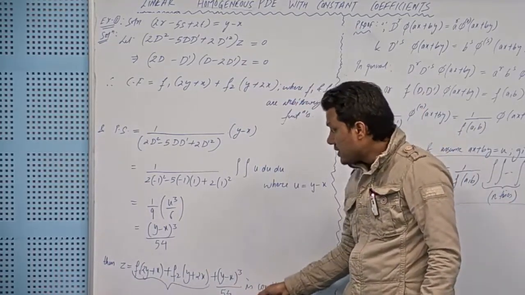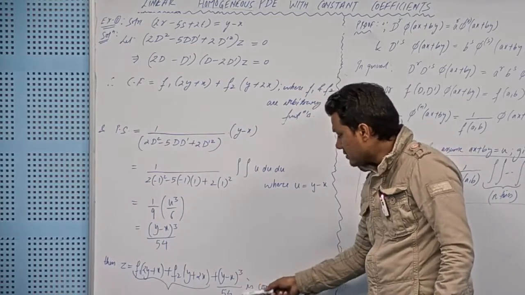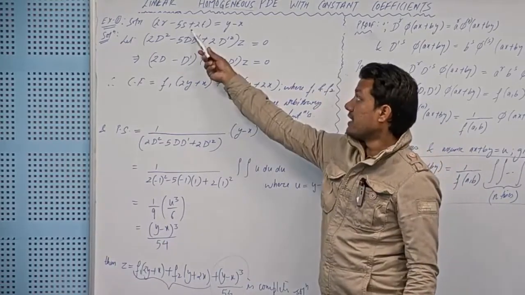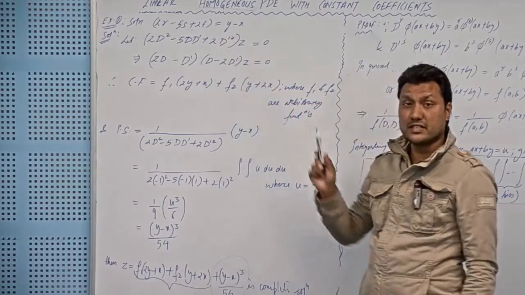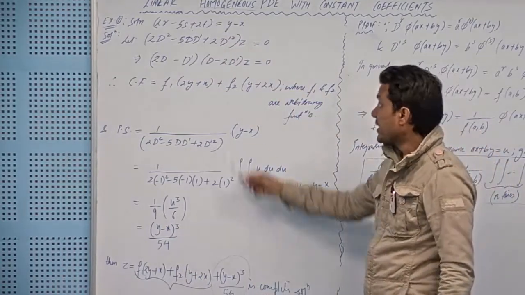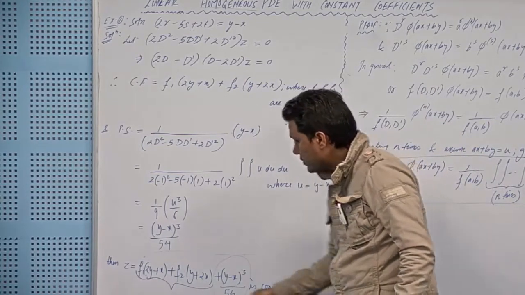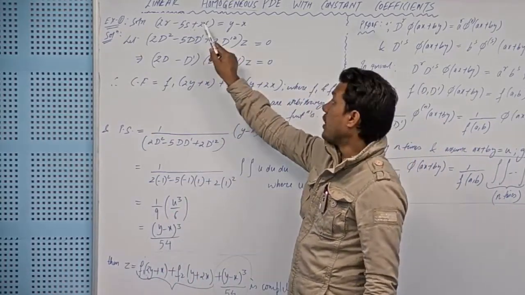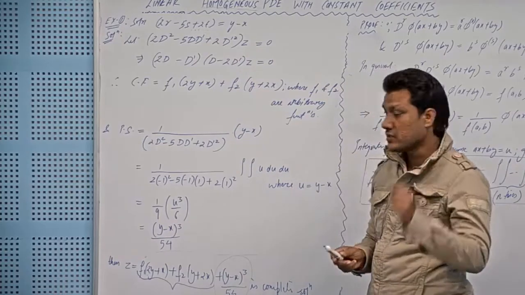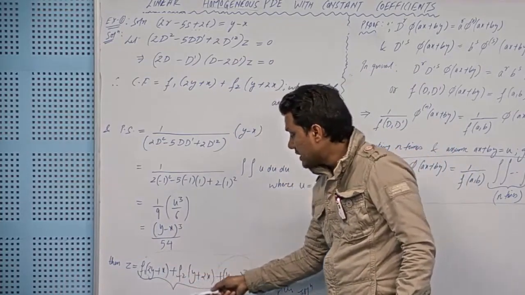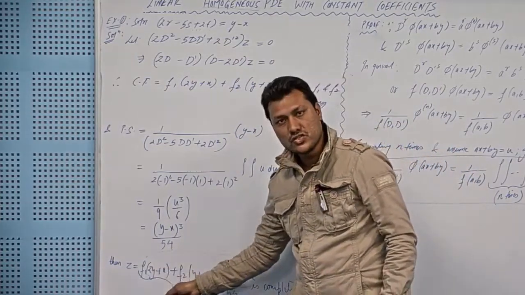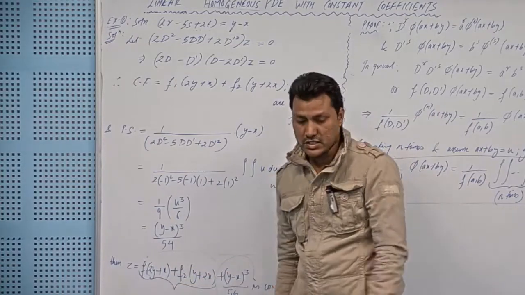While this solution is called the particular solution, if I substitute only this solution here, then I will get y minus x is equal to y minus x, because this solution corresponds to the right hand side y minus x. And if I put the full solution here, then I will again get y minus x equal to y minus x, means the contribution from this complementary function is 0, right? And that's why we call it complementary.